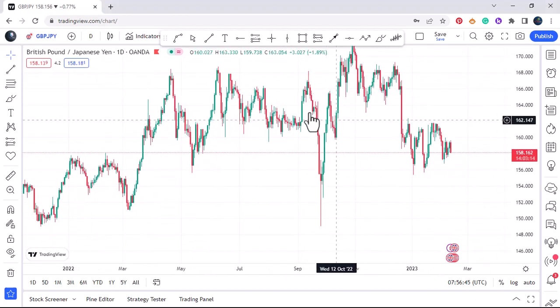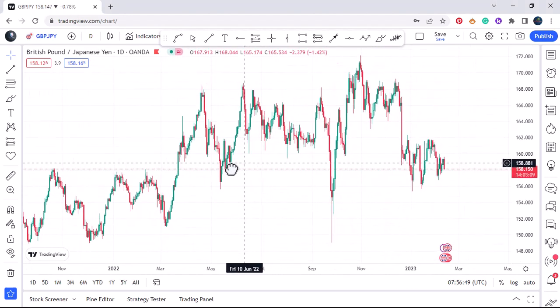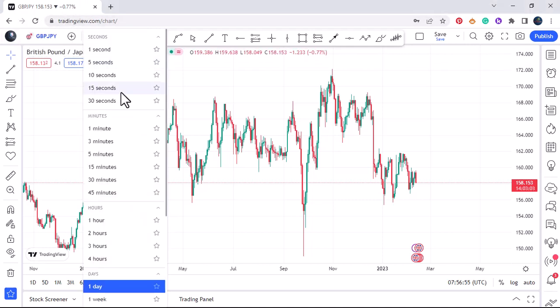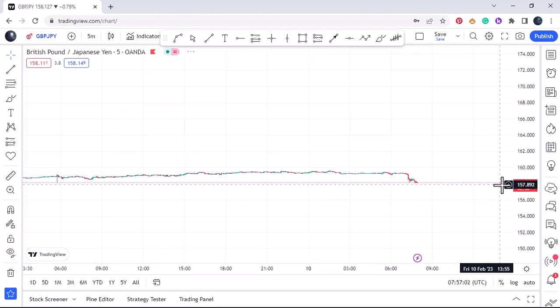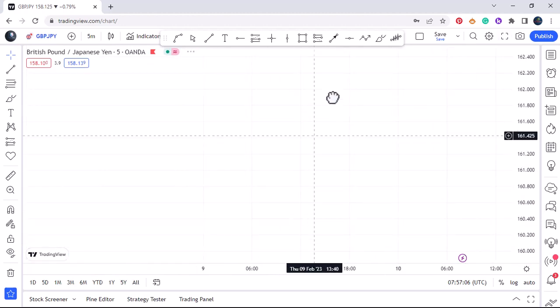So if we look at this chart that you see here, this is the British pound, Japanese yen, the 1 day, right? So we would want to go to the M15 time frame, and you'll be trading from that time frame. So we go to the M5. So this is the M5, right? The easiest of them all.